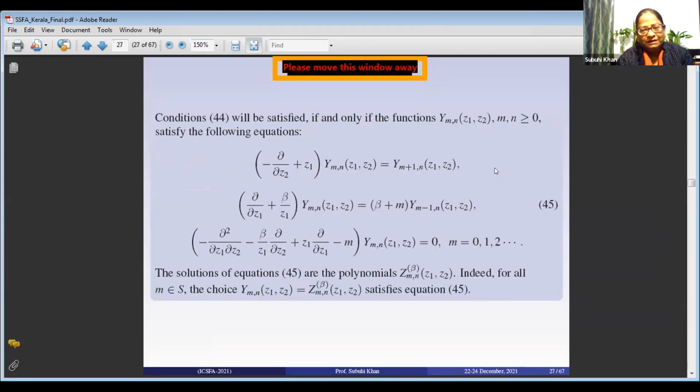So that is the point where we say that these are the polynomials which are the solution of these equations, and therefore we can claim that we can choose ym and z1 z2.